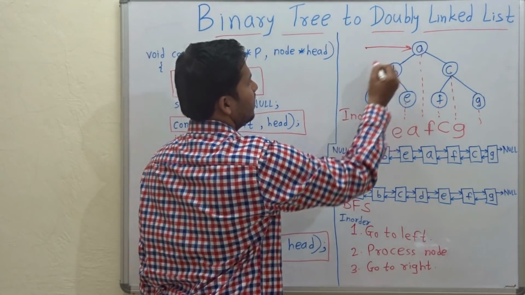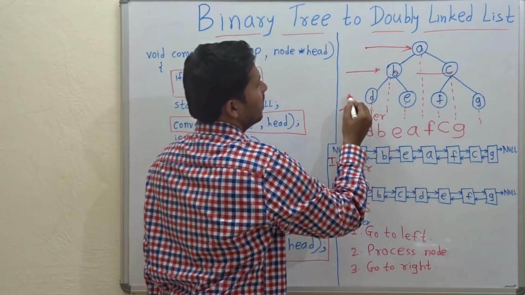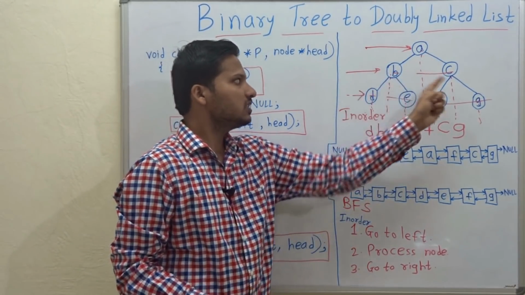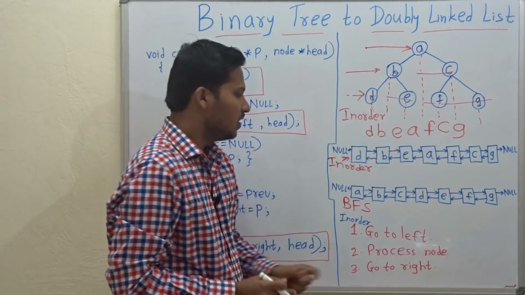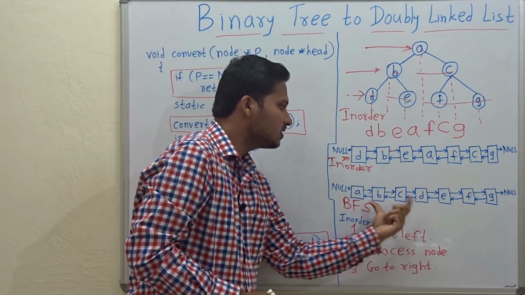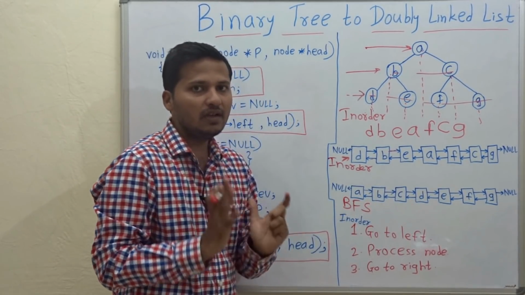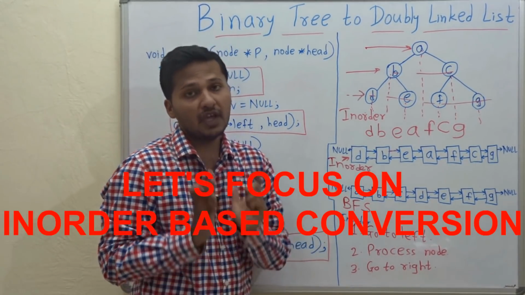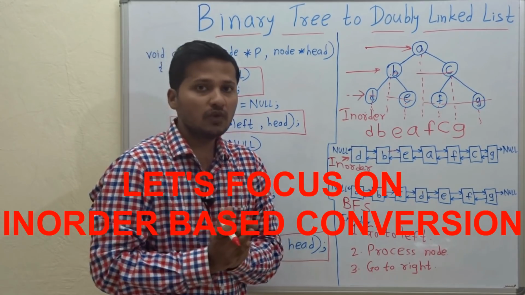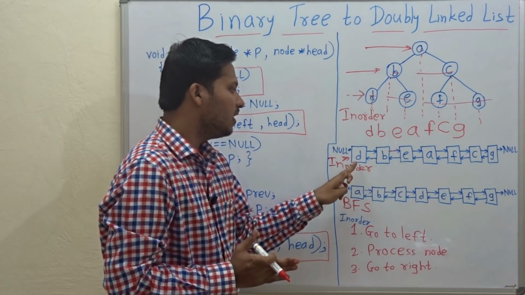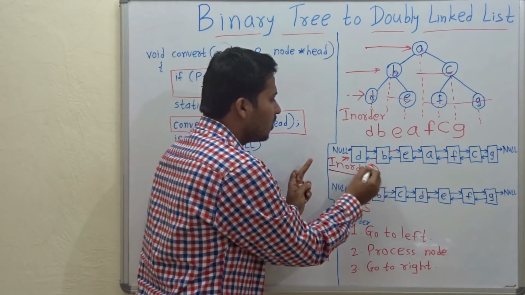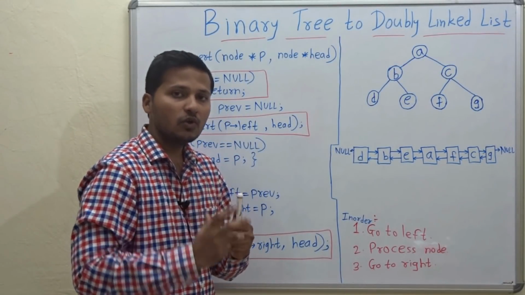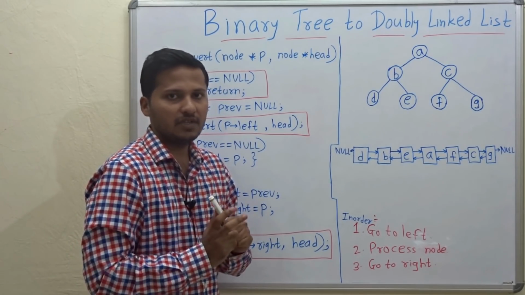So this is the BFS of this binary tree and that BFS is converted into the doubly linked list. So this is another way. For now we are going to see how to convert a binary tree into a doubly linked list which is in-order based. So now first I will tell you the algorithm for in-order traversal.